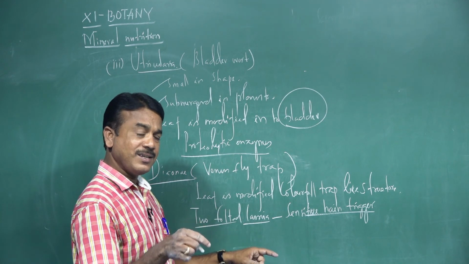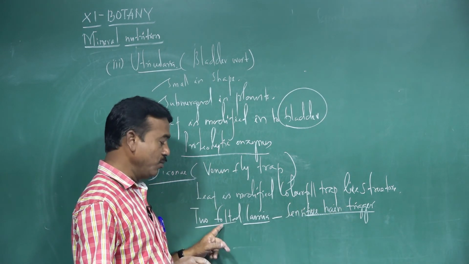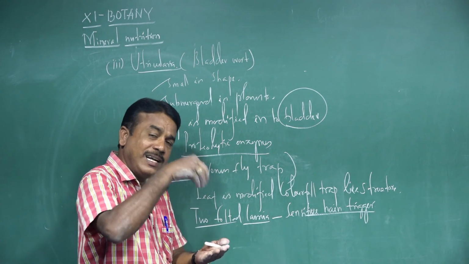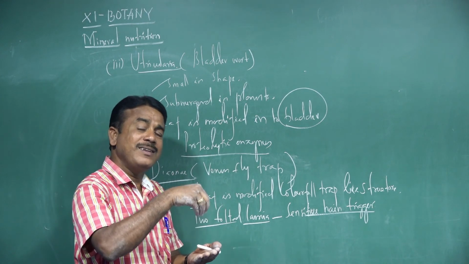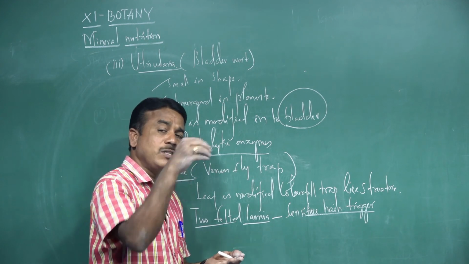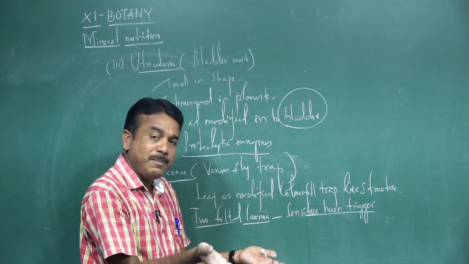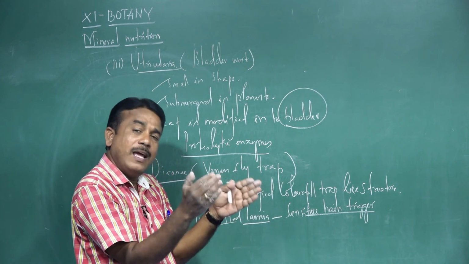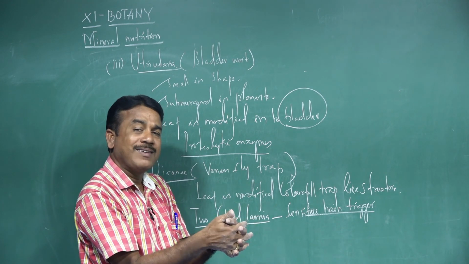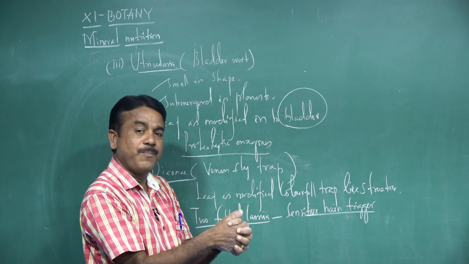When an insect sits on the hair, because, as I'm already indicating to you, the leaves are two-folded lamina. On the surface of the lamina there are a number of hairs, which are highly sensitive triggers. When an insect tries to sit on the hairs of the lamina, at that time the lamina will be closed. The lamina closing means the insect inside leads to death.